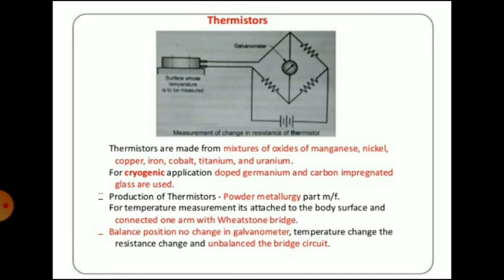For temperature measurement, it's attached to the body surface and connected to one arm of the Wheatstone bridge. In a balance position, there is no change in the galvanometer. When there is a temperature change, there is a resistance change, and the Wheatstone bridge circuit gets unbalanced. That means there is a measurement of temperature.